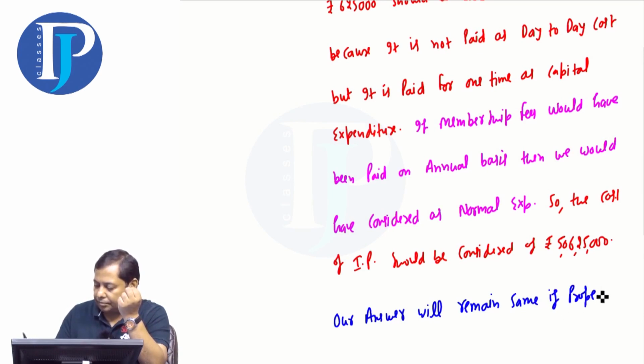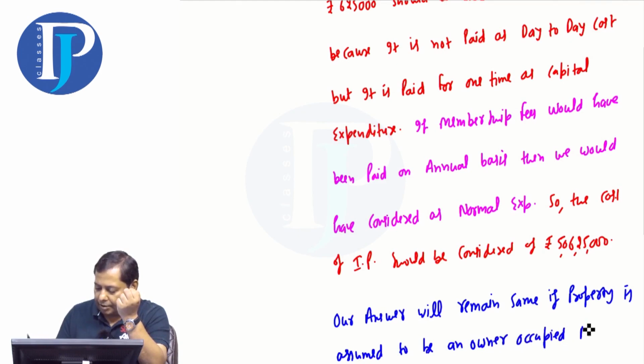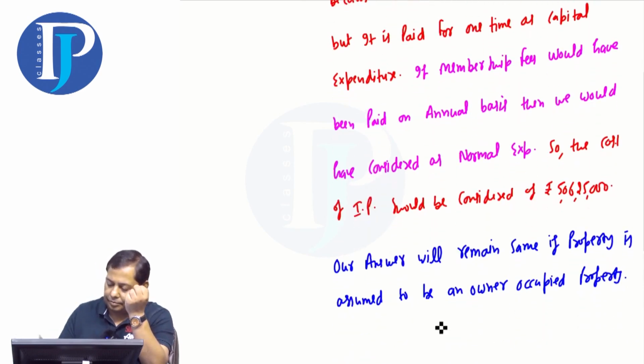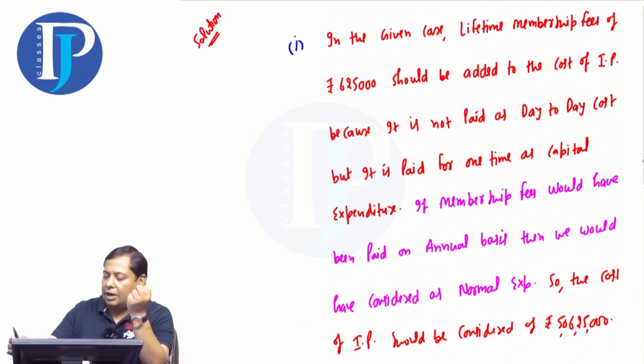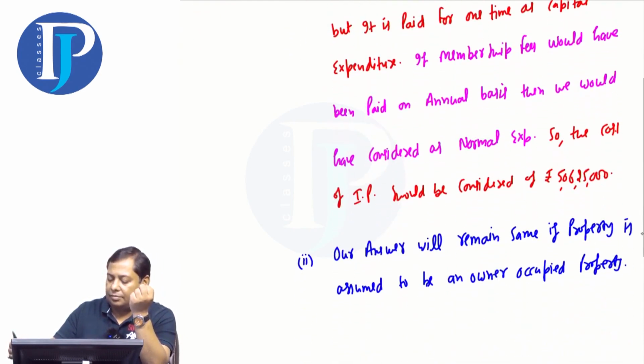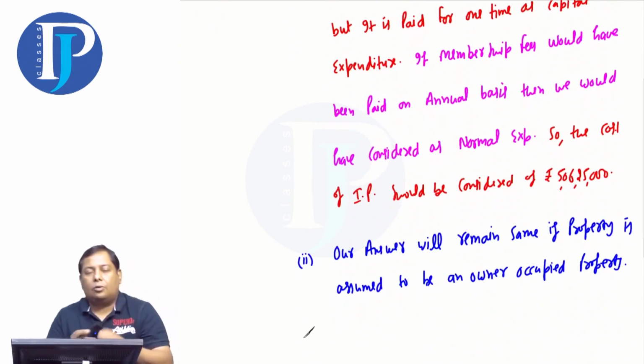If the property is a PPE, if the property is assumed to be an owner-occupied property, you are buying a lifetime membership fee, the cost will be adjusted.